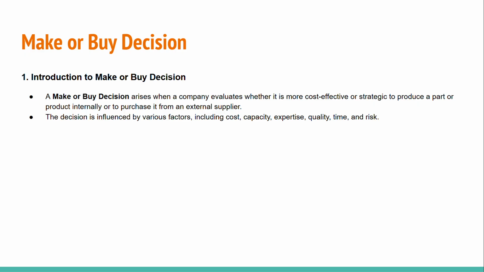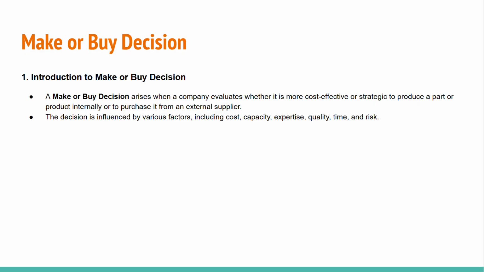Make decision: better control of quality, but higher initial cost. Buy decision: reduced investment and complexity, but depends on supply reliability. In a buy decision, we depend completely on the supplier's reliability. Example: a company may make its engine but buy fasteners from a vendor.